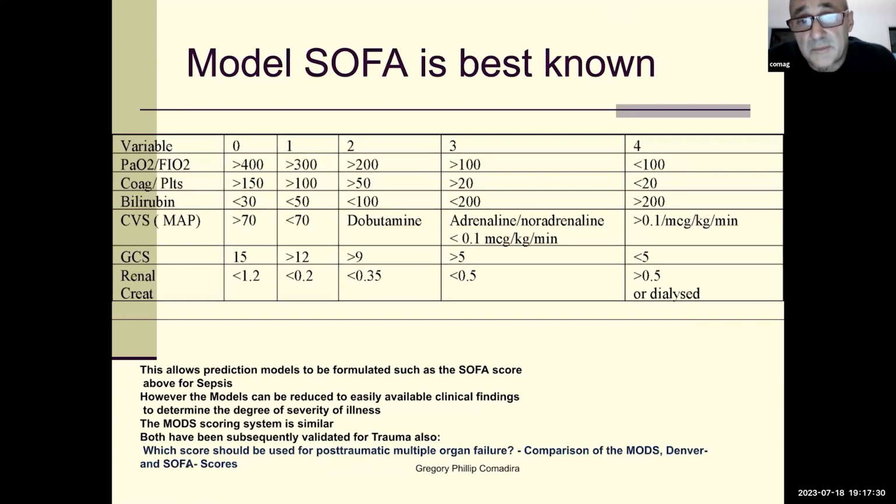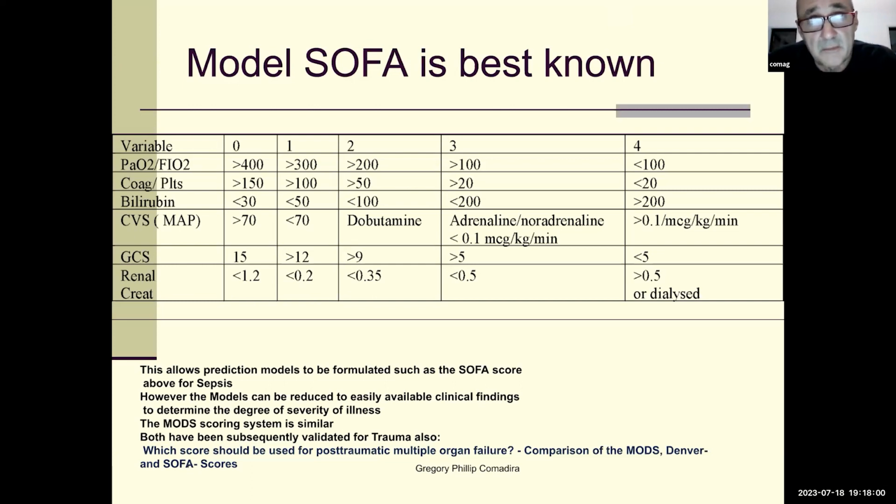This is the model that you probably, or you will come across as residents. It's called the SOFA score. In fact, you can use a qSOFA or a qAD score. It's the same thing. And pretty much all they do is take that and reduce it to an "are you sick" number. But I point out at the bottom of this, all of these scores have been validated for trauma with the anatomical-based retrospective scoring system.